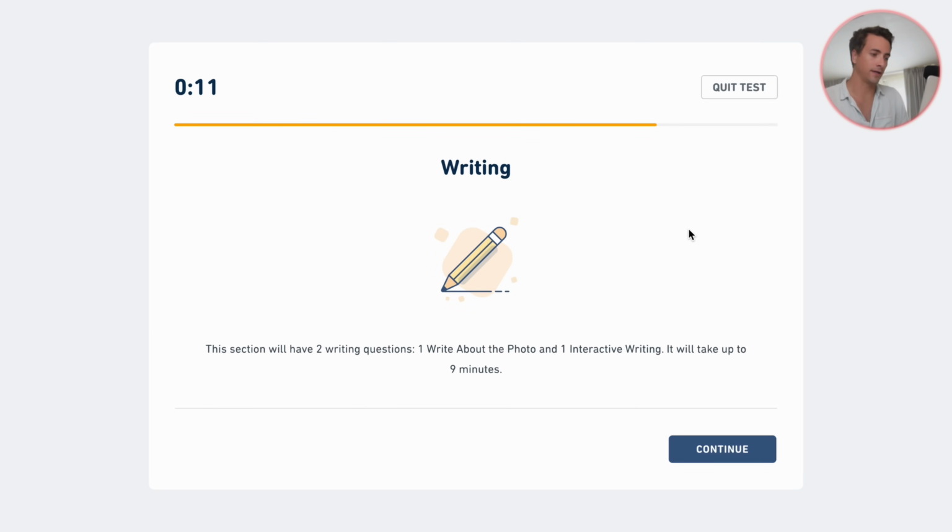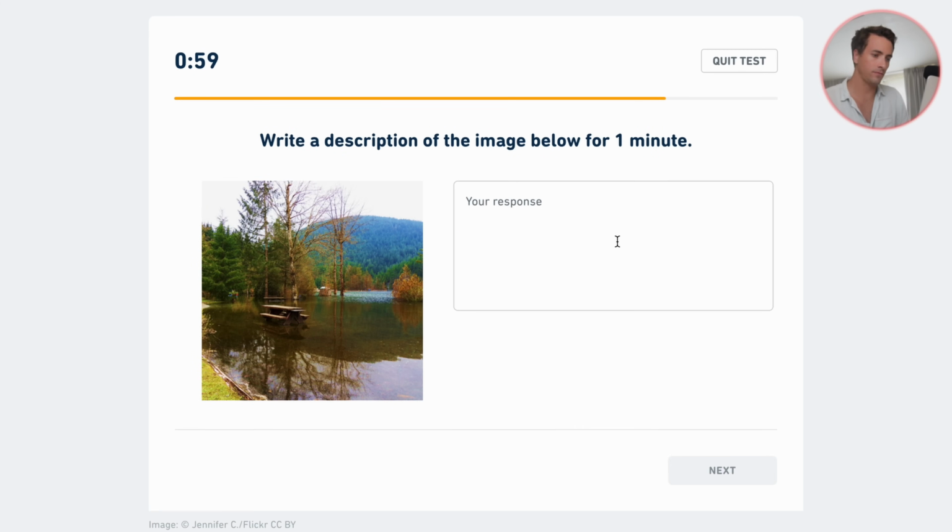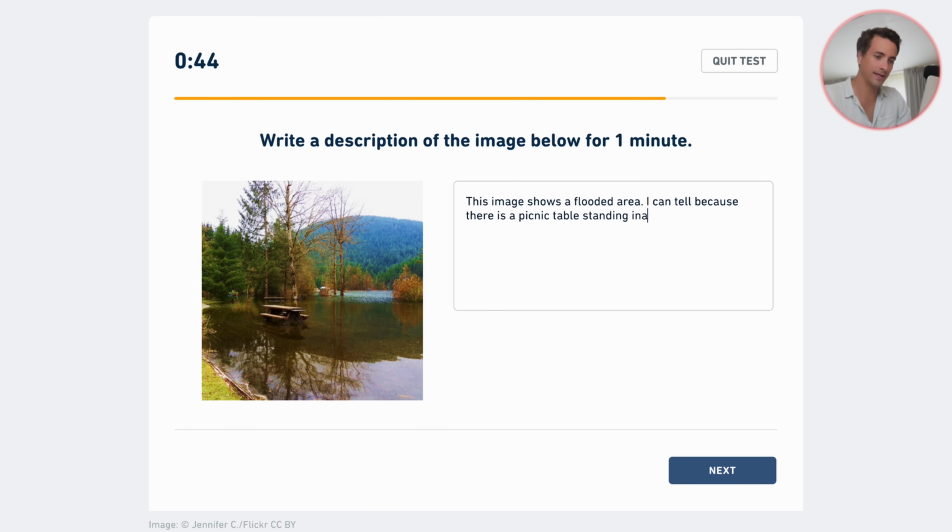Okay, writing questions. So I'm going to have two, one write about the photo, one interactive writing. Write description, image below. This image shows a flooded area. I can tell because there is a picnic table standing in a few inches of water.